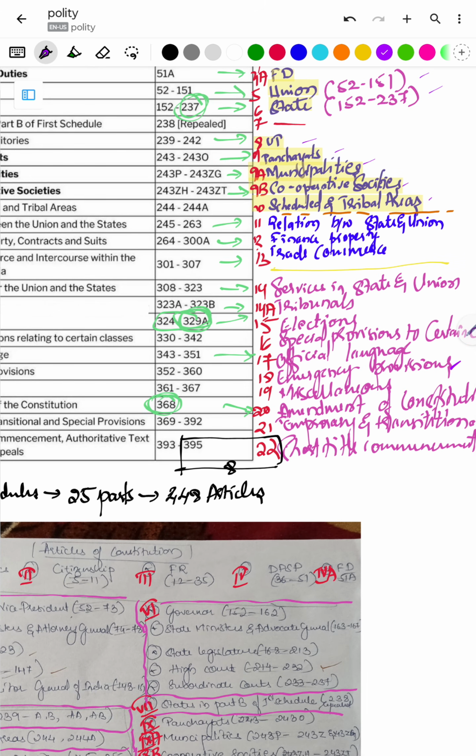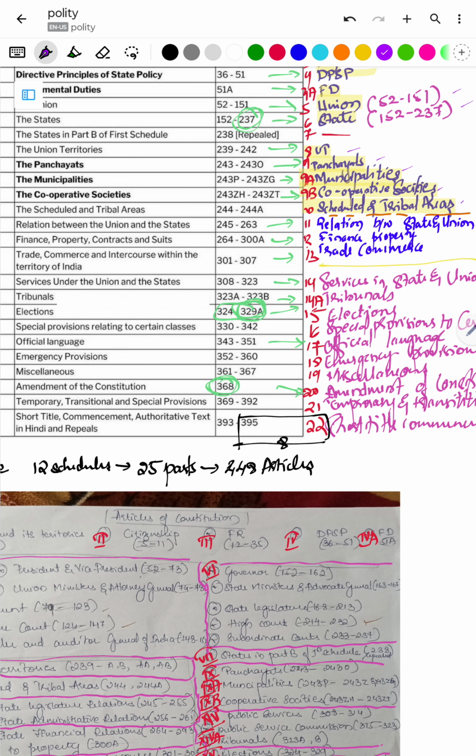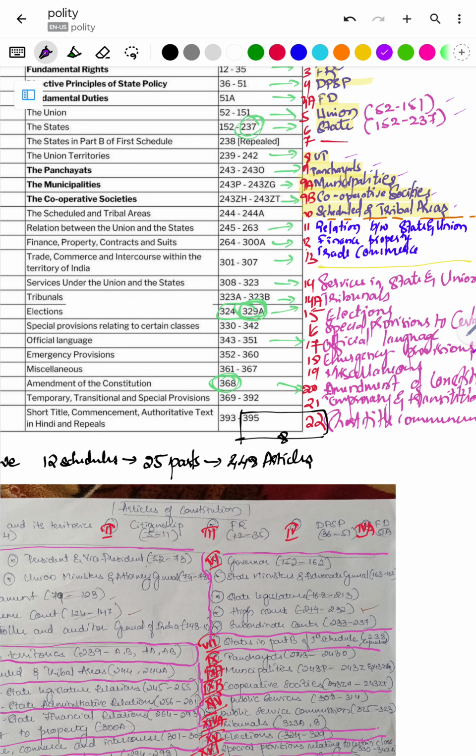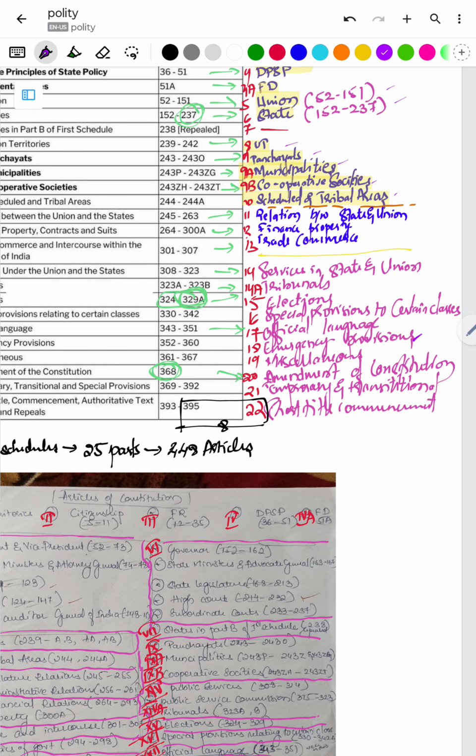Now coming on to this, they would certainly ask this: on which article, where does the UPSC come under which article? UPSC comes under which article? 315. Okay, so here only it would come.